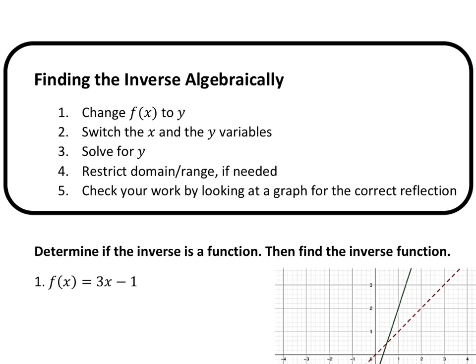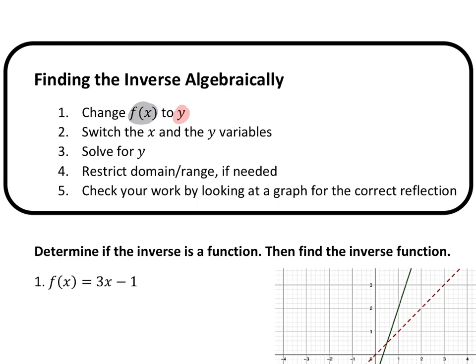There are 5 steps to finding the inverse algebraically. First step is like a pre-step. I don't even consider it a step in my real mind, but it just literally is changing f of x to y. Because f of x and y are the same thing, and we like to switch the x and the y, so we're going to always do that first just to make it easier on ourselves.